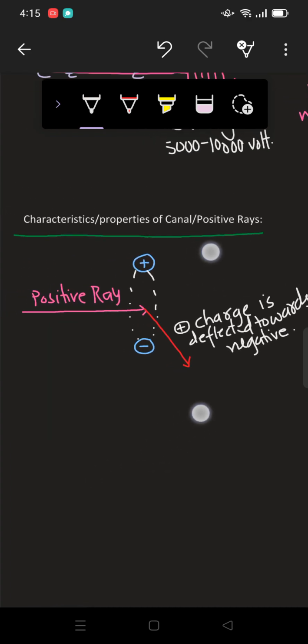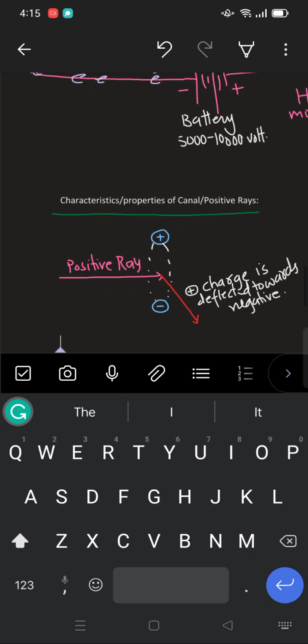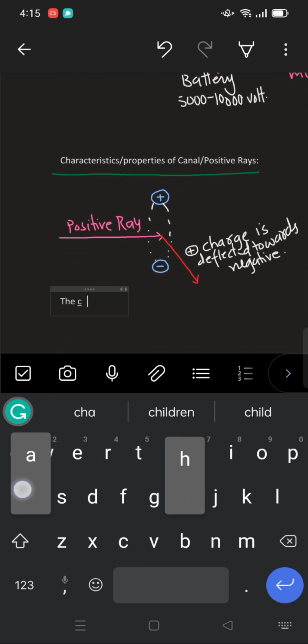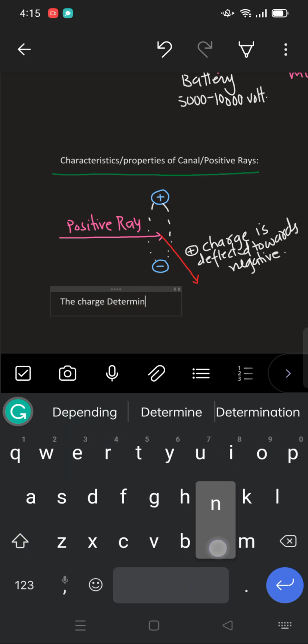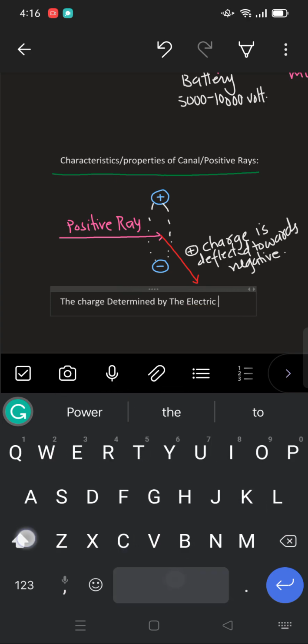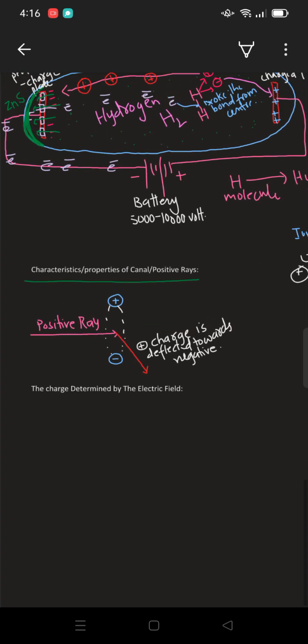Let me give the heading as well: this is the charge determined by the electric field, right? So now we got that the charge on the positive ray is positive since it was deflected towards the negative charge.